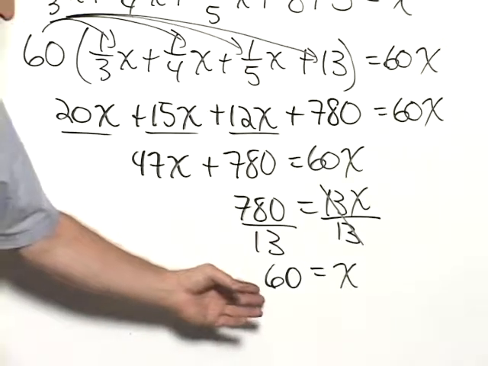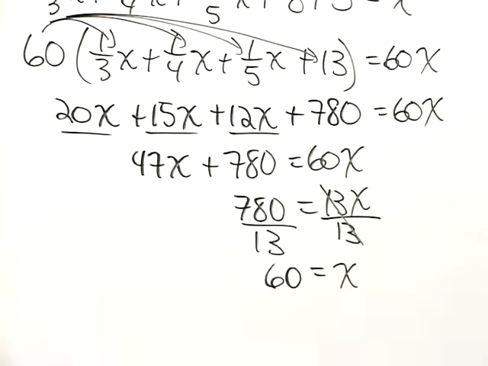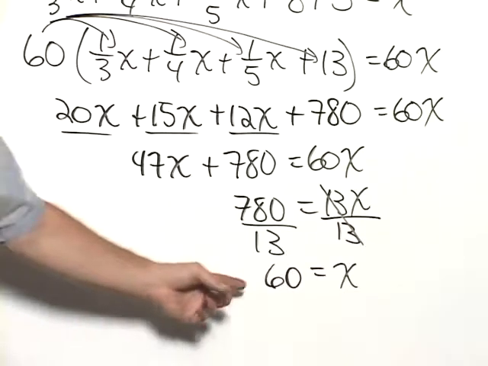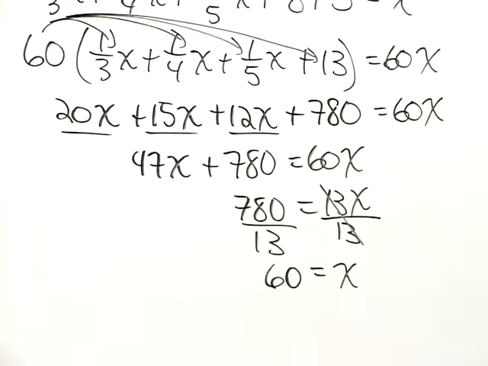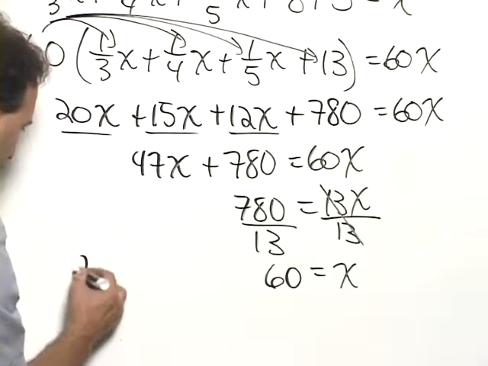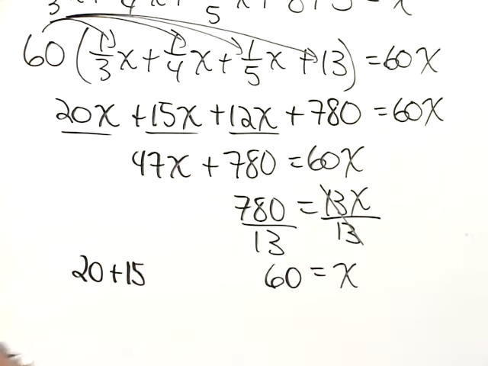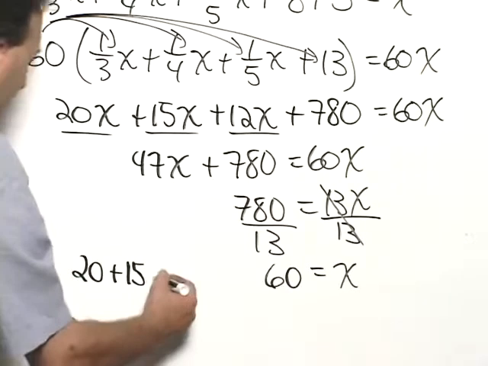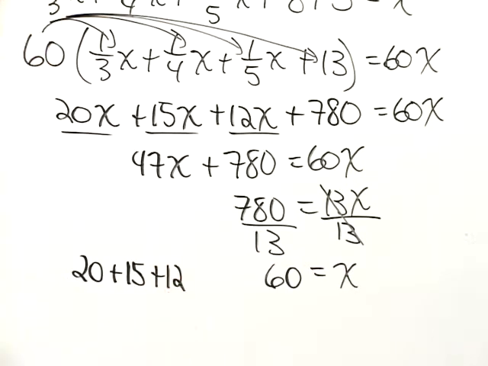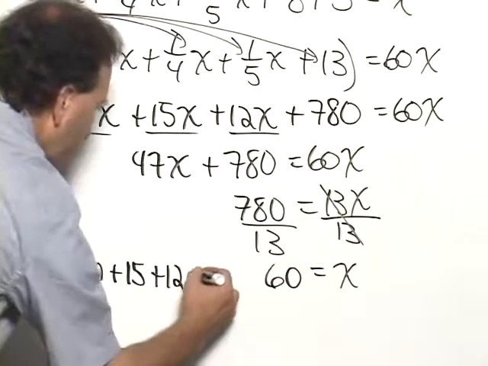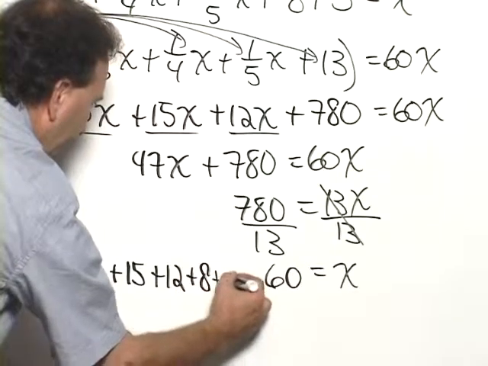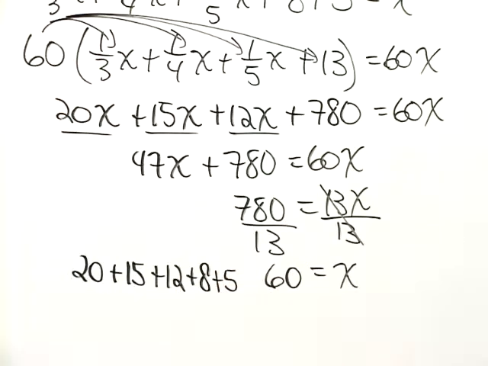Well, a quick check of that, which is the 4th step in the process, would be to say, well, the first person gets 1/3 of those. That would be 20 tickets. The second person gets 1/4 of those. That would be 15 tickets. The third person gets 1/5 or 12 tickets. And we know that the fourth person received 8 and the 5th person received 5.